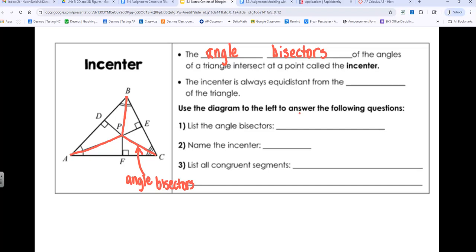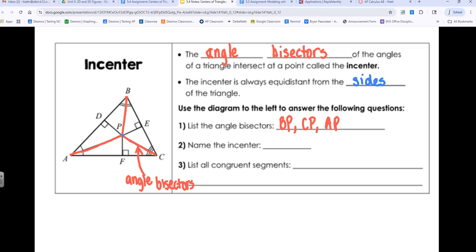Okay, so if we want to list those out, it's going to be BP, CP, and AP. Now, the incenter is always equidistant from the sides of the triangle.